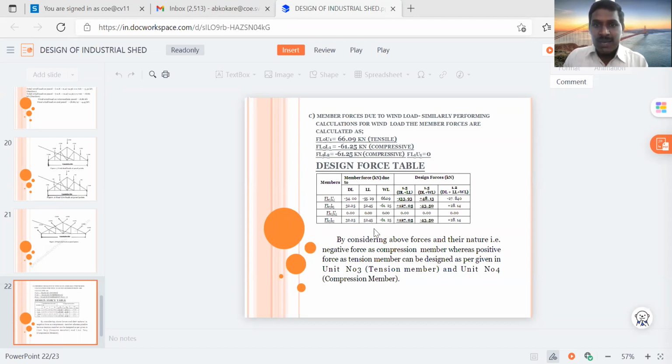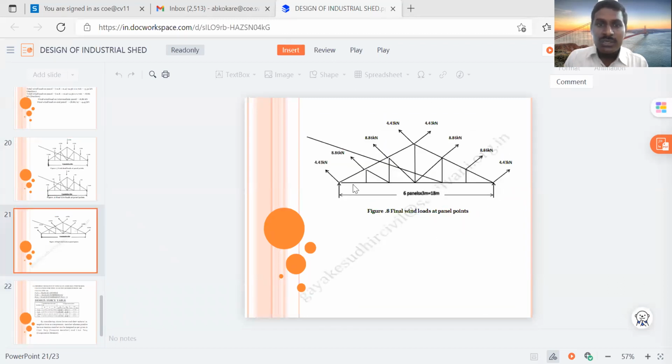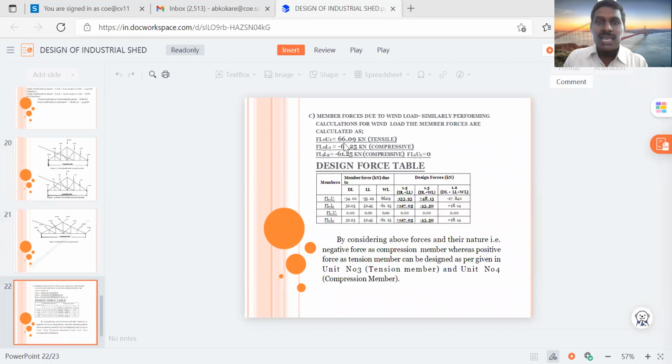By the load combination, we get the tensile and compressive force of each member. Here the force in L0 U1 is written. L0 is this point and U1 is this point. So the L0 U1 member carries a 66.09 tensile force.